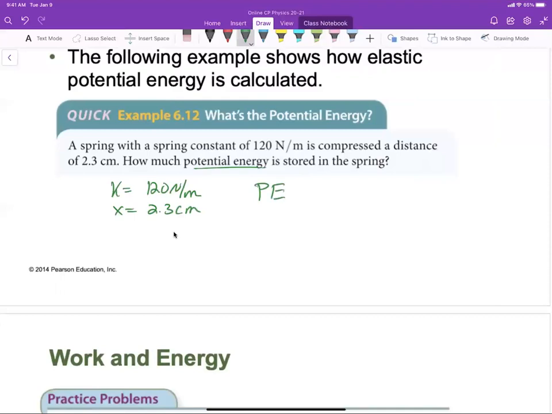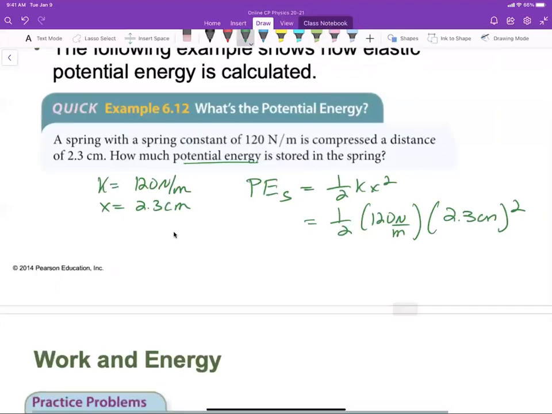So I have potential energy due to the spring is 1/2 K times X squared, and I have plugged in 120 newtons per meter, and then I am going to plug in 2.3 centimeters squared. Anyone have a problem with what I got there?